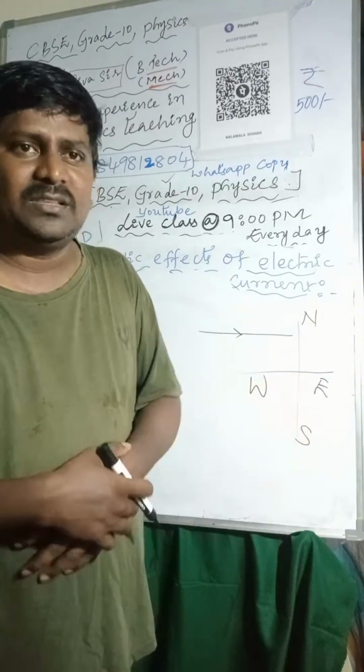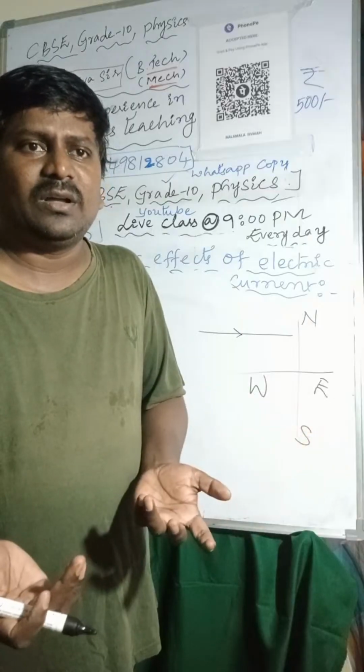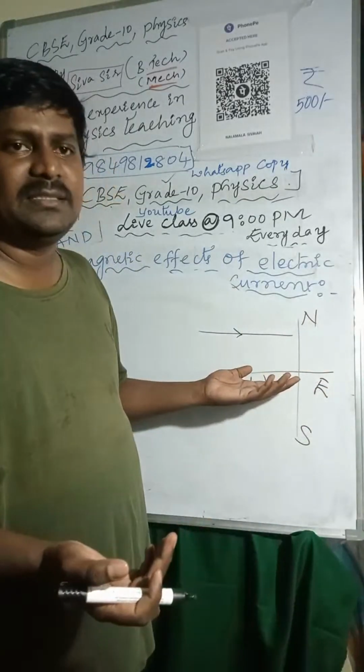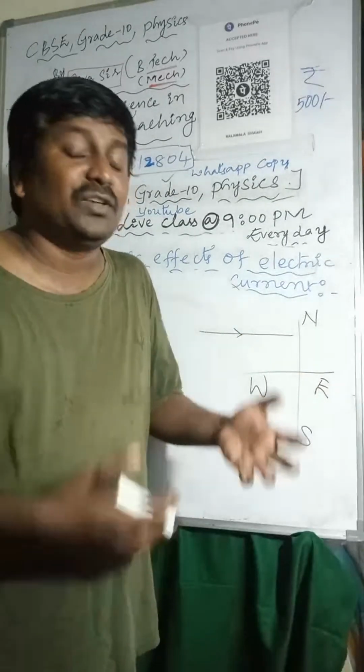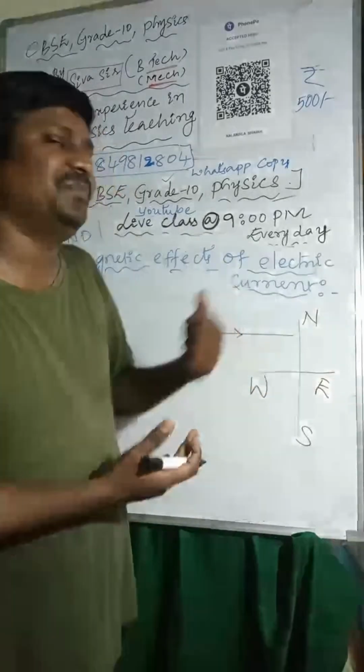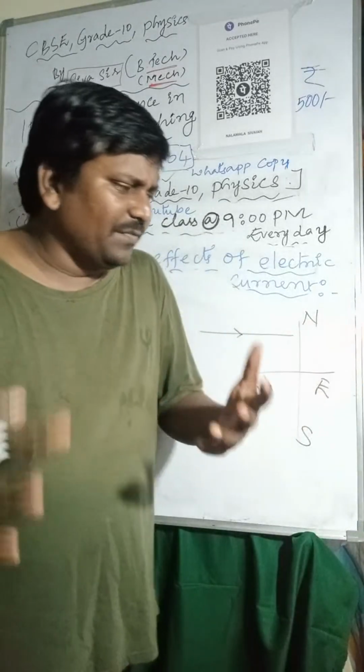Sir, what is north and south and east and west? We are not singing a song, we are discussing the concept. Generally, north and south and east and west are there. With the help of those, we can identify the direction of the magnetic field around the conductor. That's why I'm saying it like a song. Okay, fine, come to the point.